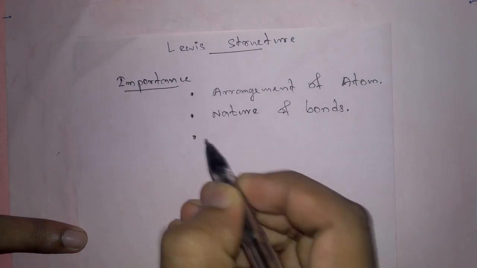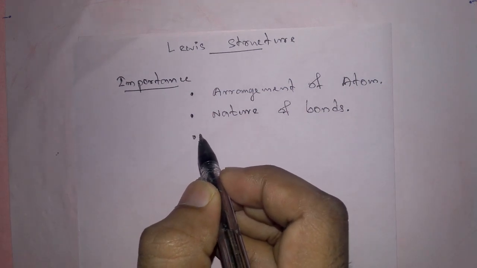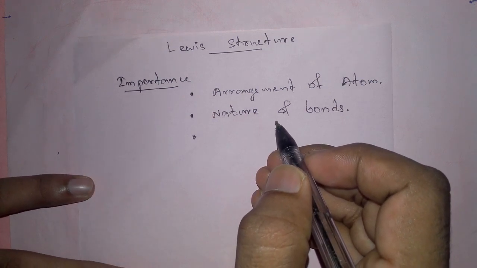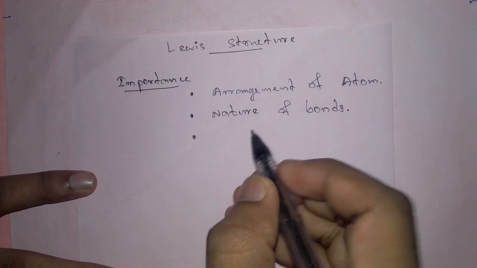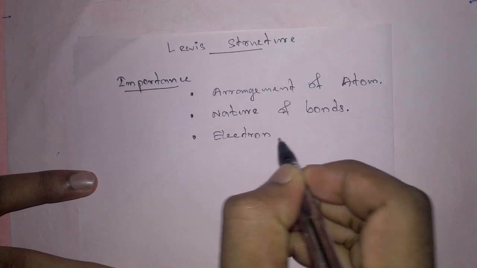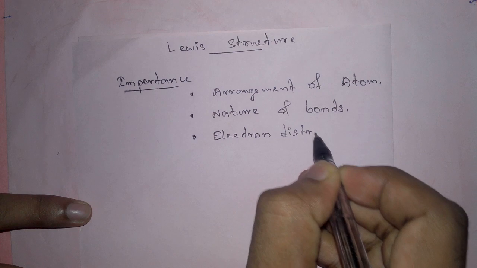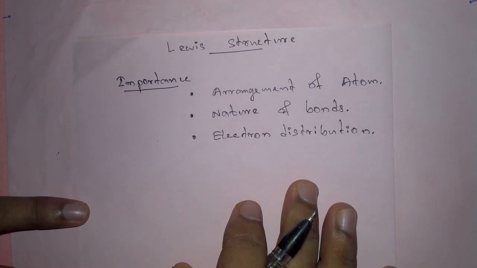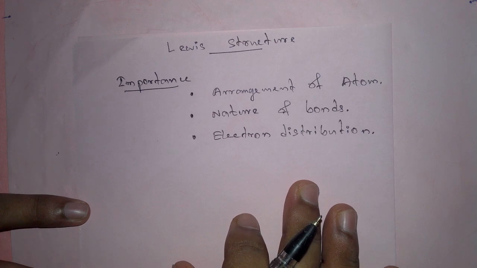And next one is we can identify the nature of electron distribution in valence shell of each atom. These are the main important points regarding Lewis structure.